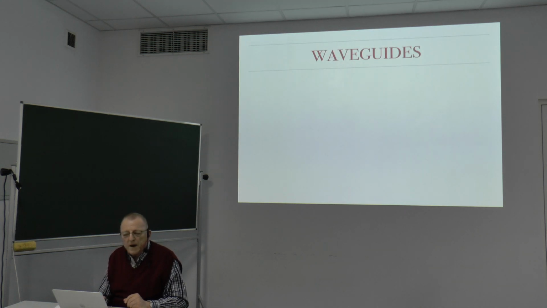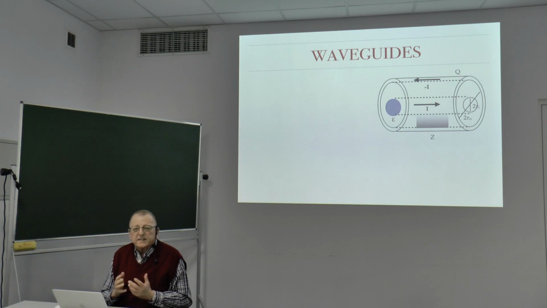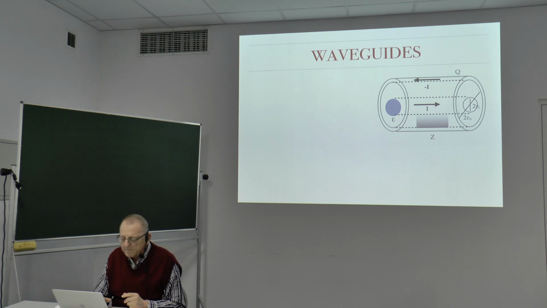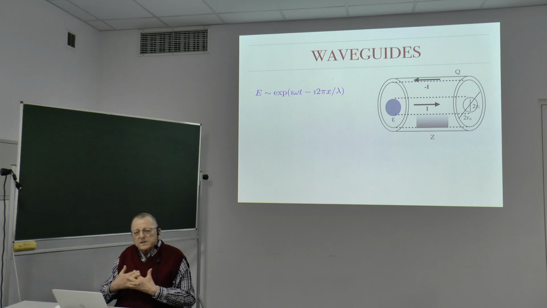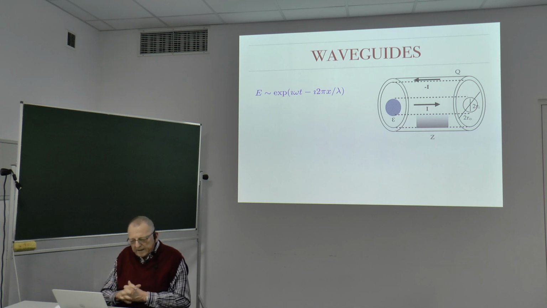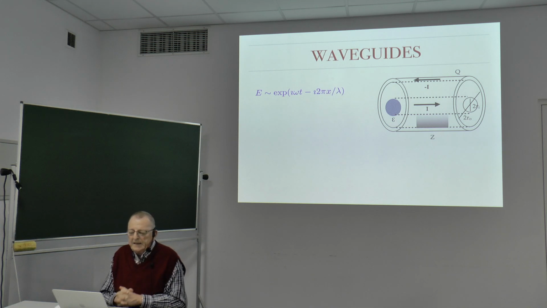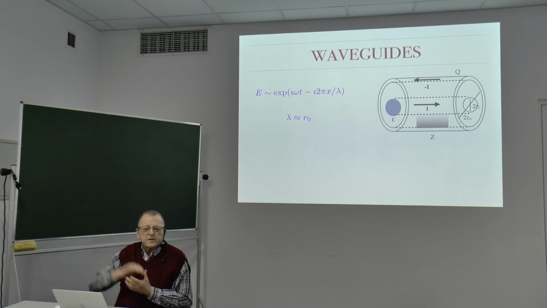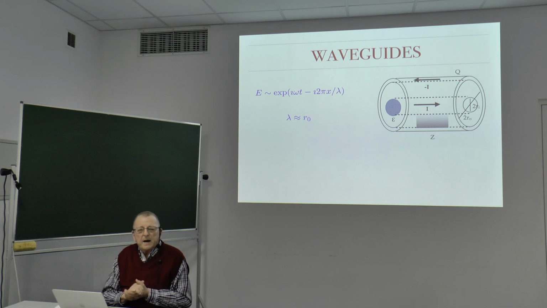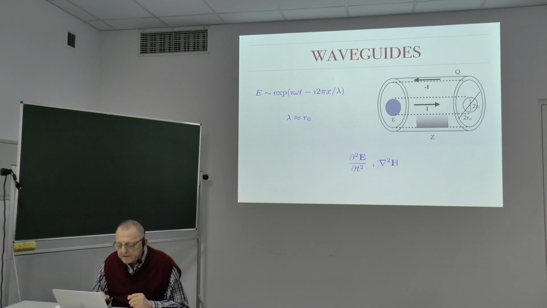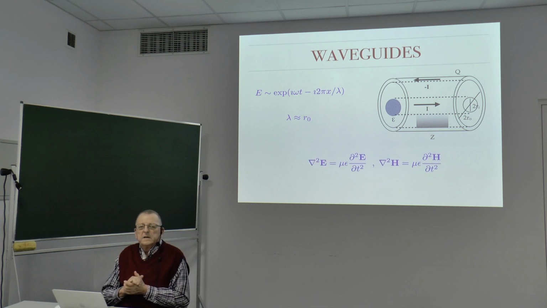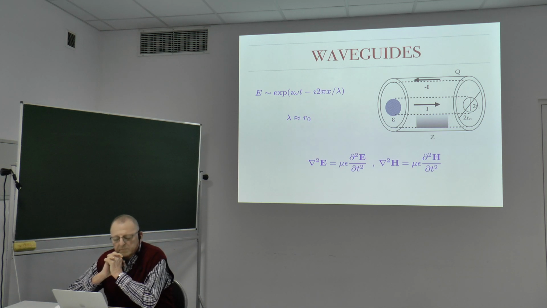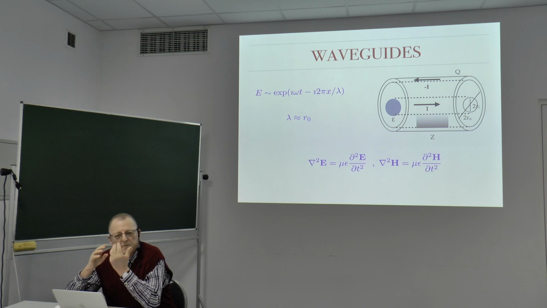So we are talking about the waveguides, and the waveguides are basically transmission lines. We were studying the transmission lines last time, but the important thing is when the wavelength, which I denote here as lambda, is comparable to the size of the transmission line. Then, of course, things become complicated, and we have to solve the Maxwell equations, the wave equations which follow from the Maxwell equations.